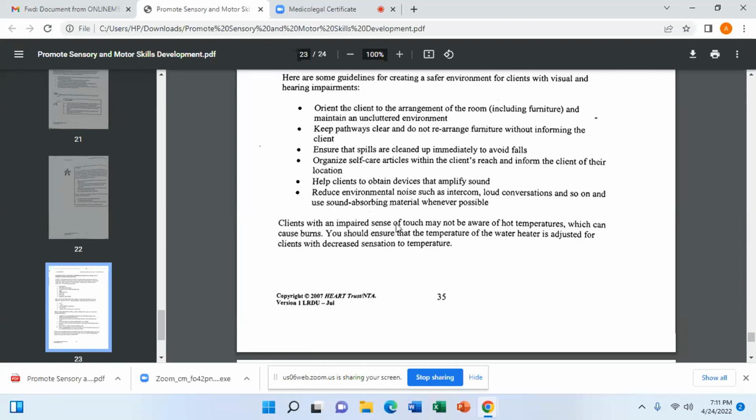Clients with an impaired sense of touch may not be aware of hot temperatures, which can cause burns, right? So you should ensure that the temperature of the water heater is adjusted for clients with decreased sensation and temperature.